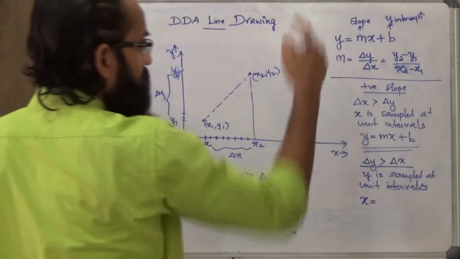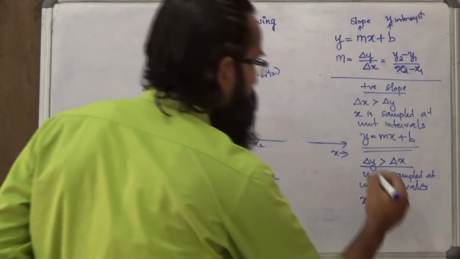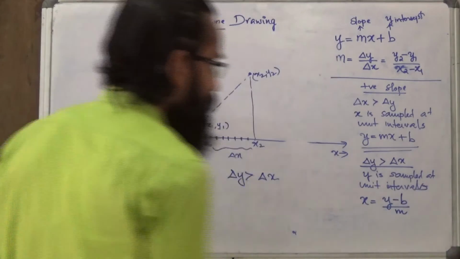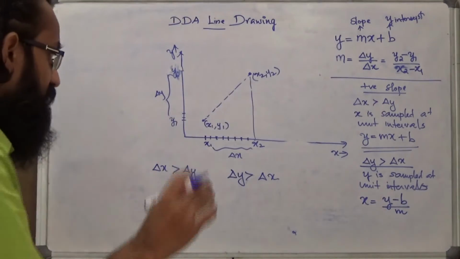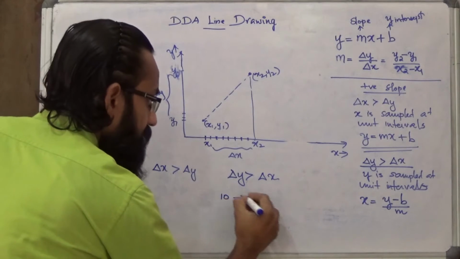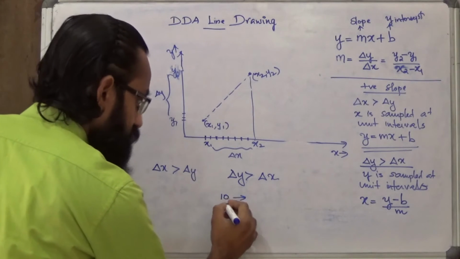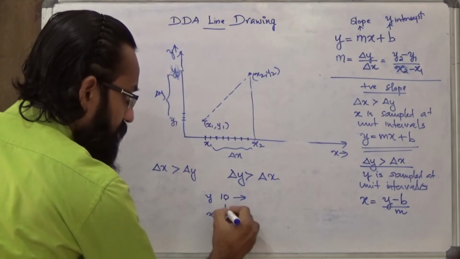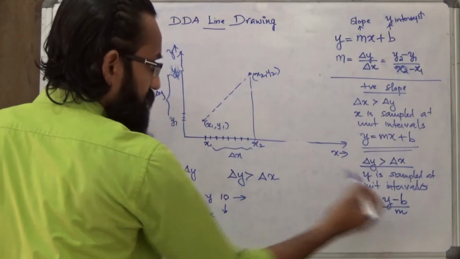From the slope intercept equation, it is clear that x = (y minus b) by m. If the current y value is 10, then for this y value, determine the corresponding x value using this equation.